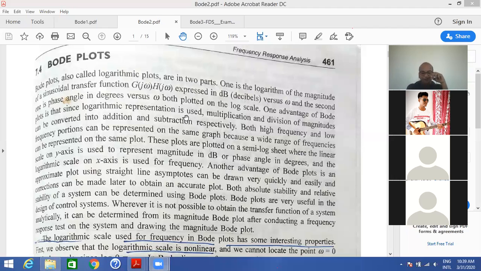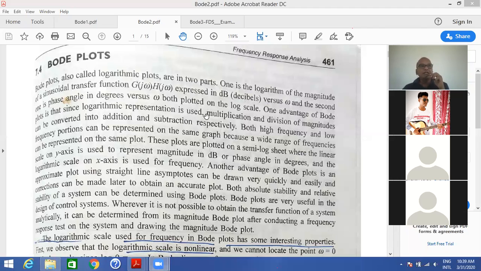At the time of checking the stability in the frequency domain, he considered the open loop transfer function of the system. All of you are aware of the open loop transfer function, that is G of S H of S, known as the open loop transfer function of the system.